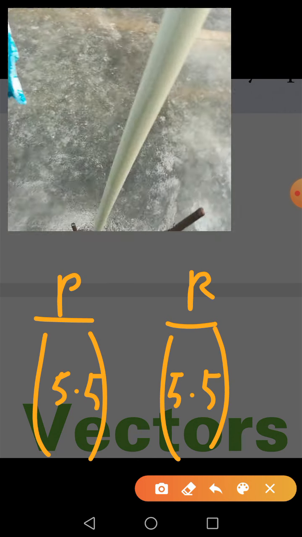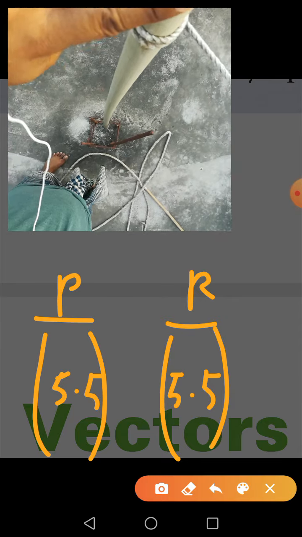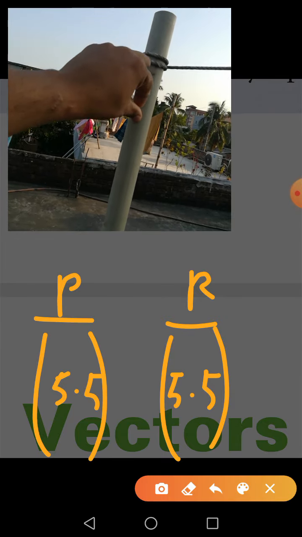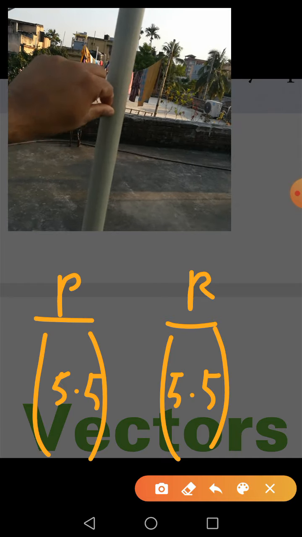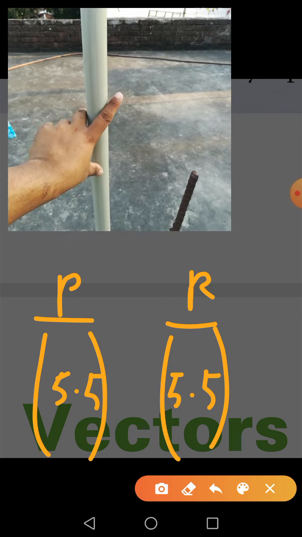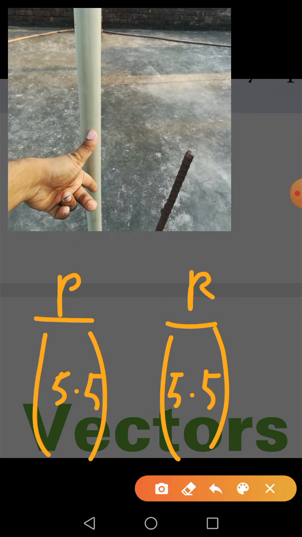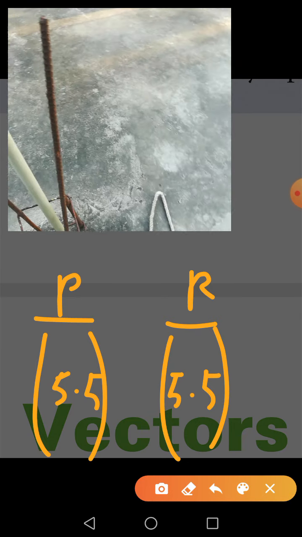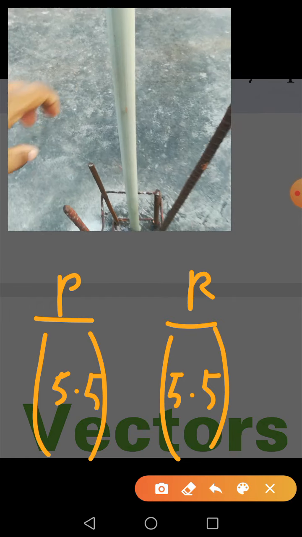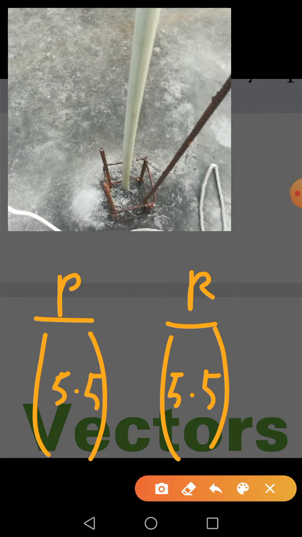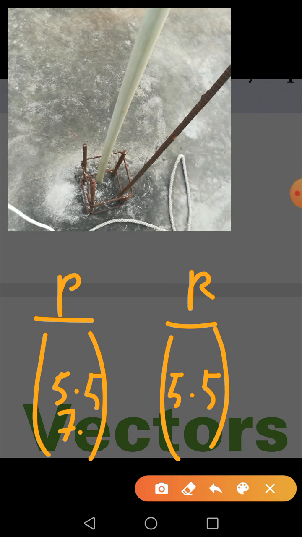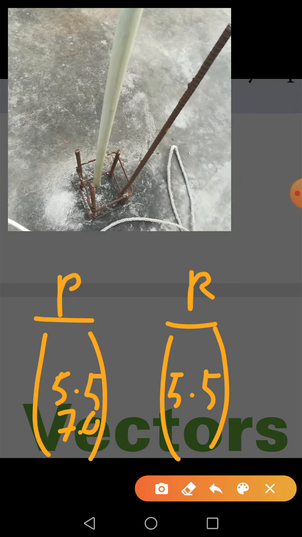Let me count. 1, 2, 3, 4, 5, 6, 7. So for the pipe we have to move 7 units along the z-axis.